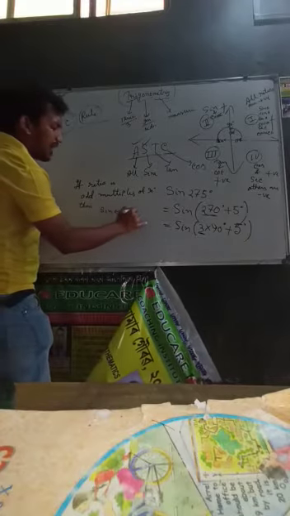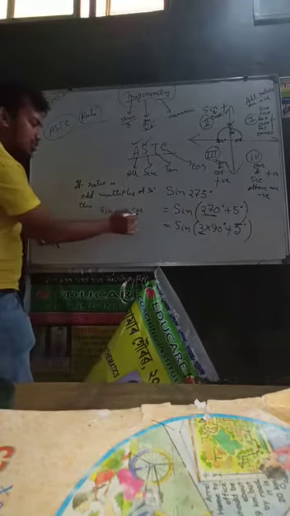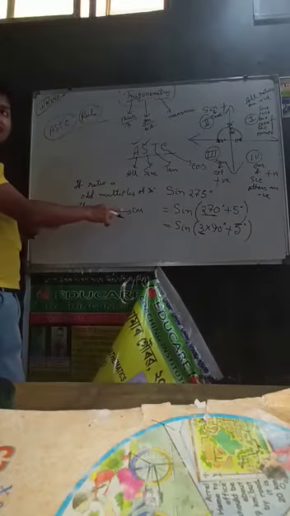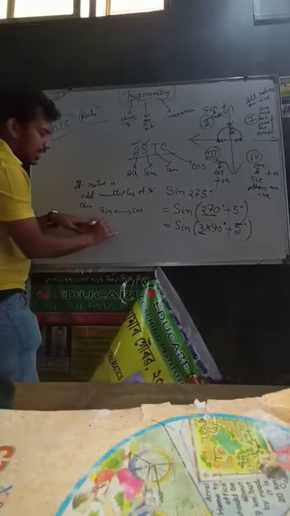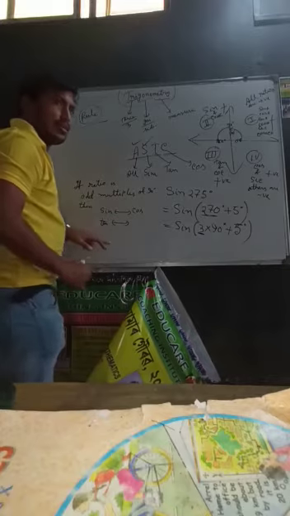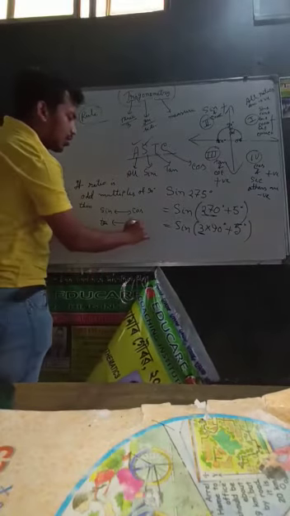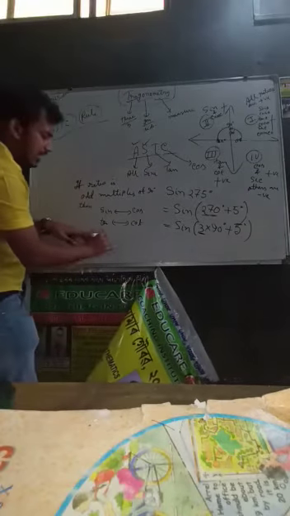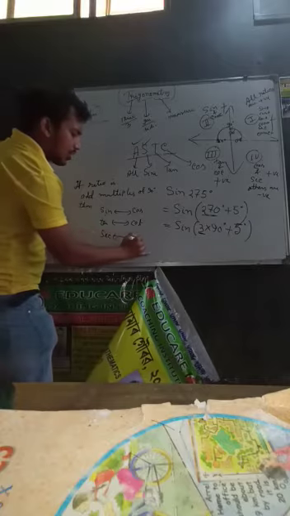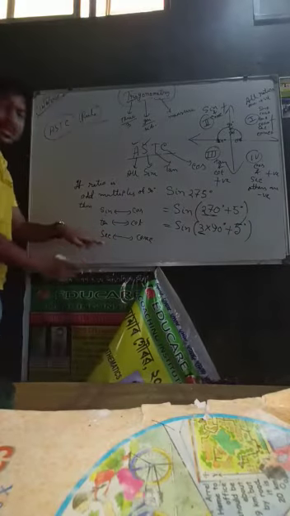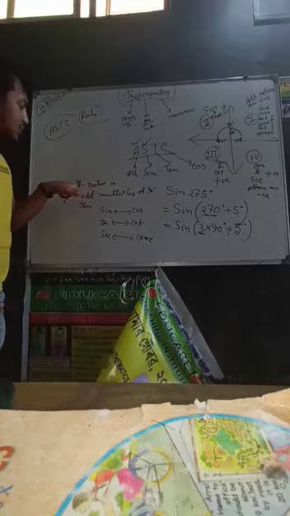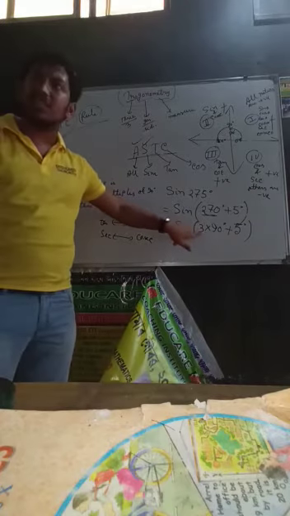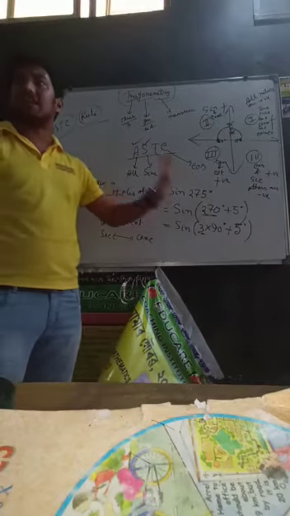Sine is replaced by cos, or cos is replaced by sine from both sides. Tan is replaced by what? Cot. And cot is replaced by tan. Sec is replaced by cosec, and cosec is replaced by sec. If it is odd multiples like 3 into 90, 1, 5 into 90, like that.